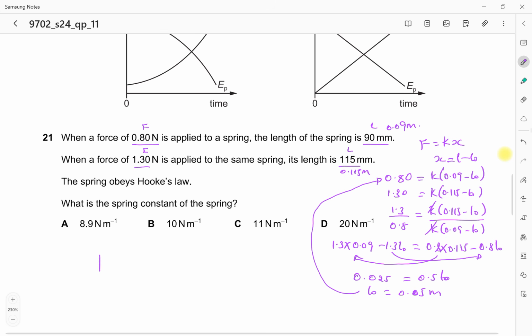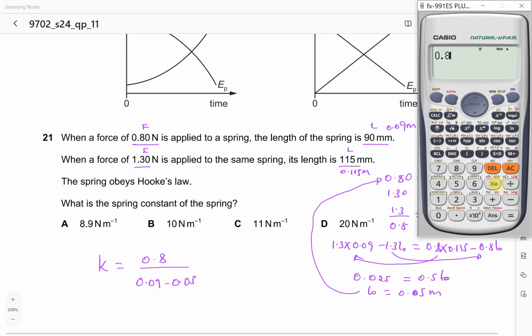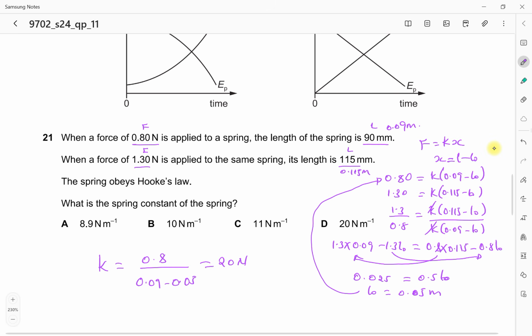K is equal to 0.8 divided by 0.09 minus 0.05, which is 20 newtons per meter. So the answer is D.